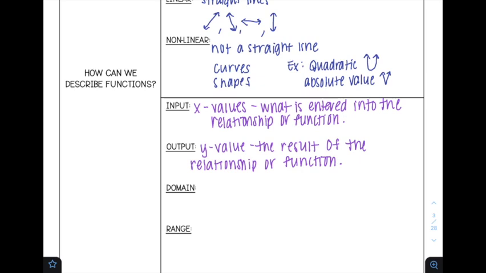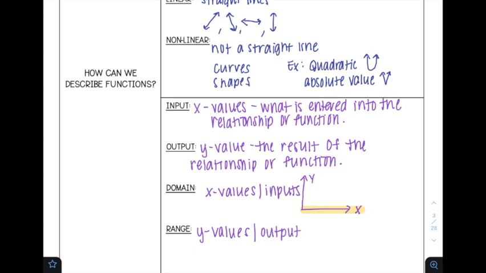Your domain is your inputs and your x values. So we're talking about our x-axis in a coordinate plane. That is your domain, all your x values. Your range are your y values or your outputs. And that is your y-axis on a coordinate plane.